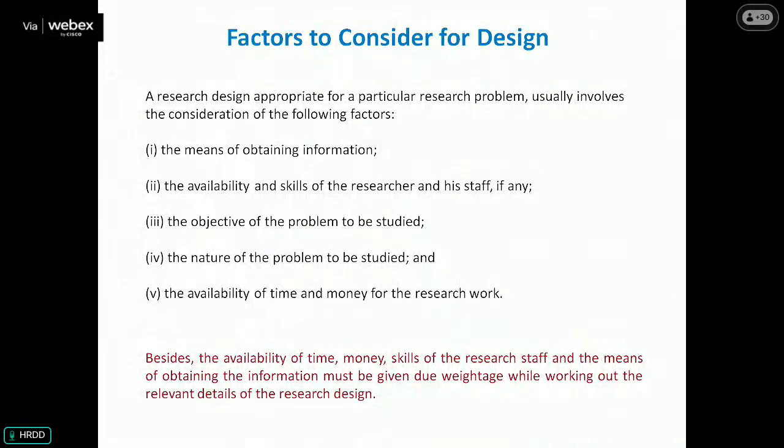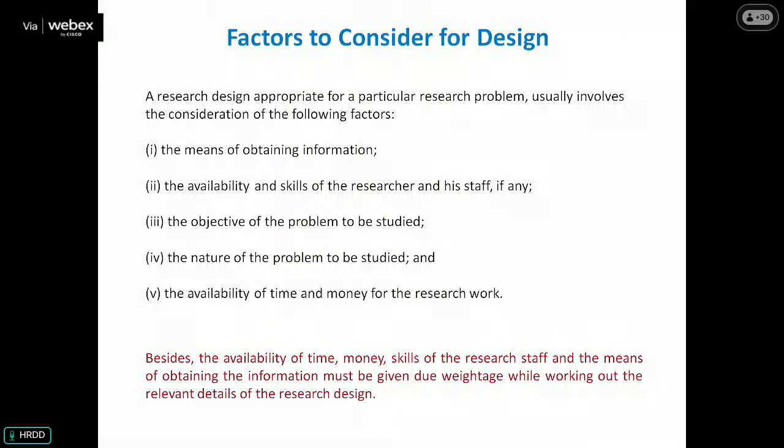From the answers to those 10 questions you will come to know the four components of research design, right? And the factors you should consider are the means of obtaining the information, and the availability and skills of the researcher and his staff. The means of obtaining information: how you will obtain it, the research methods, meaning what techniques I will use during my research.